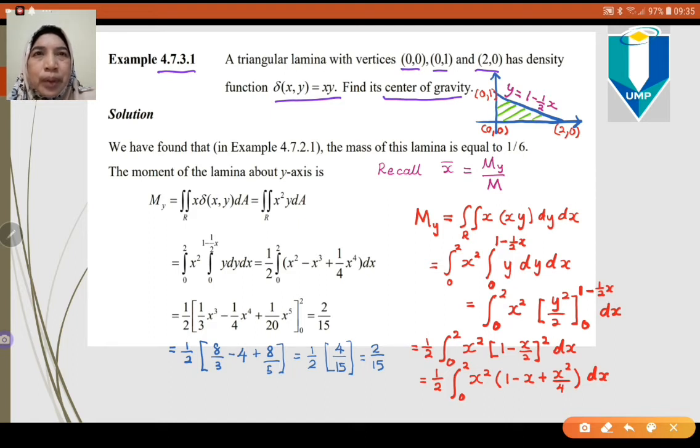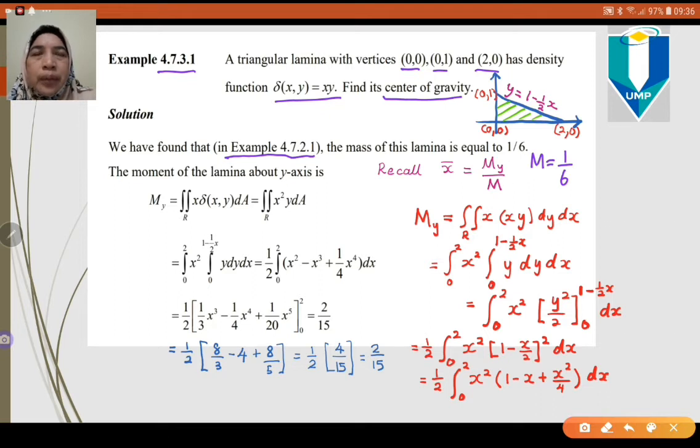Remember, we used the same lamina in example 4.7.2.1 in the previous video. In that video, we found the mass of that lamina to be 1/6. That means the m value of this lamina is 1/6. Now we want to find the center of gravity.